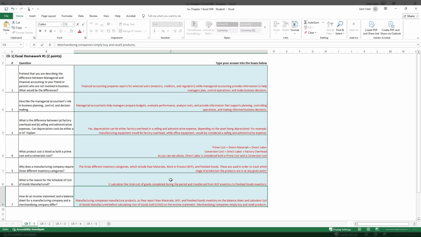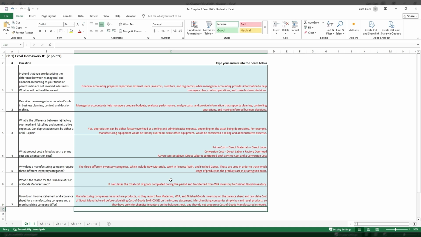So merchandising companies have only merchandise inventory on the balance sheet, not 3 different categories, and they do not prepare a cost of goods manufactured schedule. So you will not have seen that in accounting 2, for example, and that's something we're going to work on in this chapter as we talk about manufacturing companies.